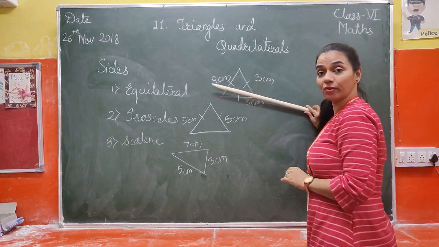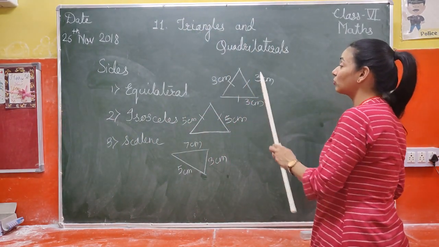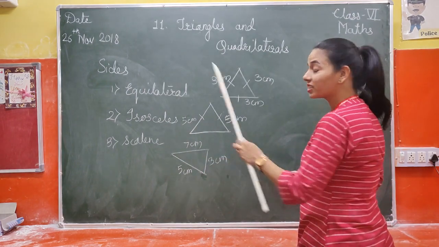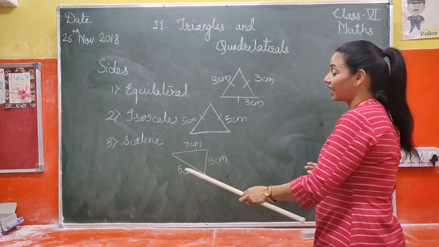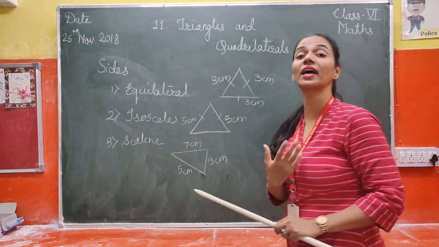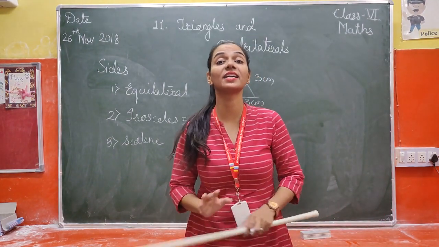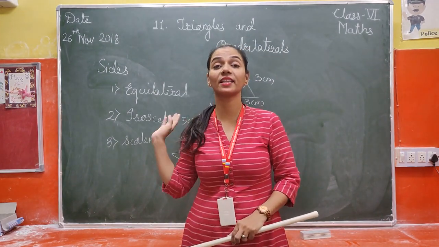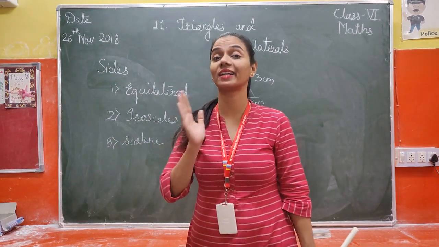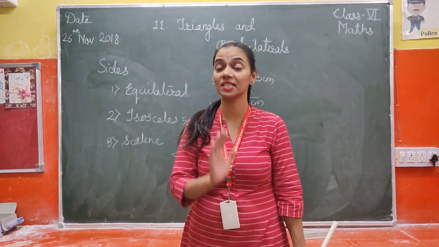First one is equilateral triangle, which has 3 equal sides. Isosceles triangles have only 2 equal sides, and a scalene triangle has 3 sides which are unequal. All three sides are not equal, they are different. Got it? So these are the types of triangles classified according to their size.